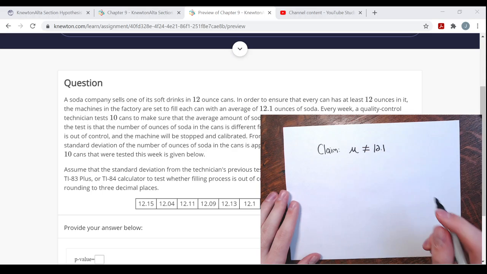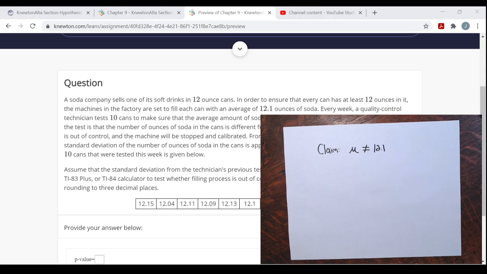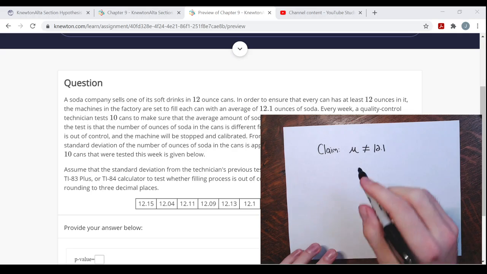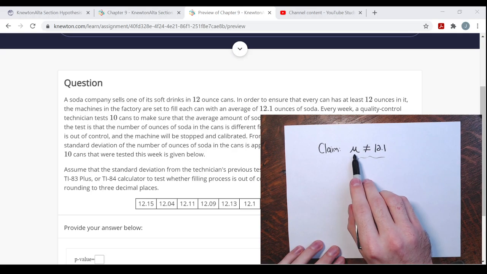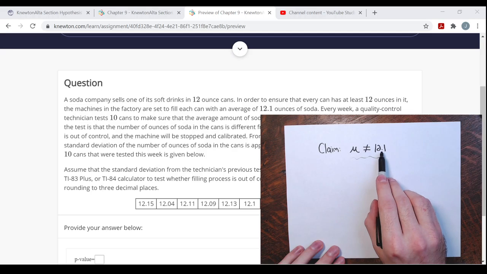They said if the conclusion of the test is that the number of ounces of soda in the cans is different from 12.1, then the technician will declare that the process is out of control. So this is what's being tested here: is the average amount of soda in these cans different from 12.1 ounces?